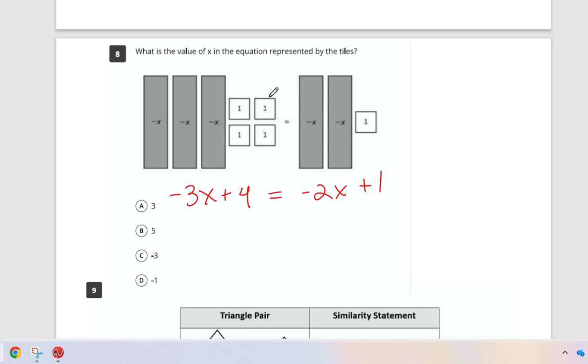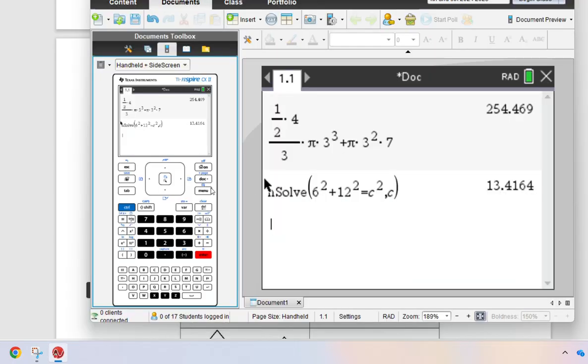So now we're going to do this by solving it with the calculator's solve. Go menu 3, 1. And then we're going to go with, I forgot the equation.